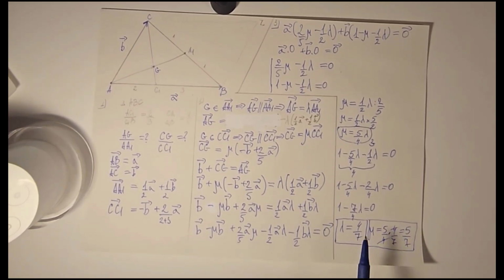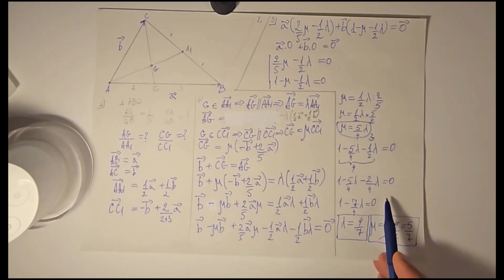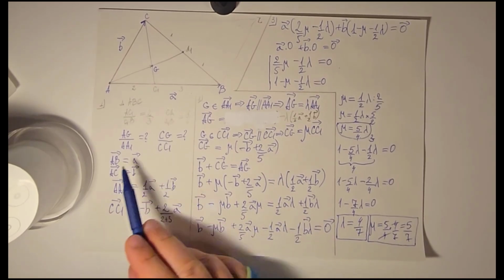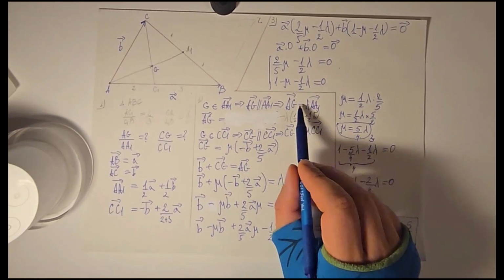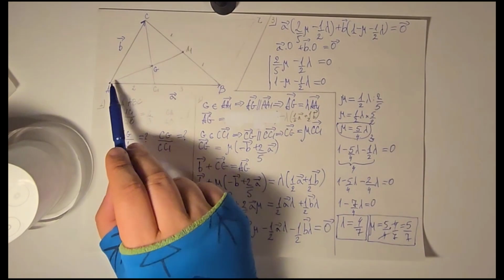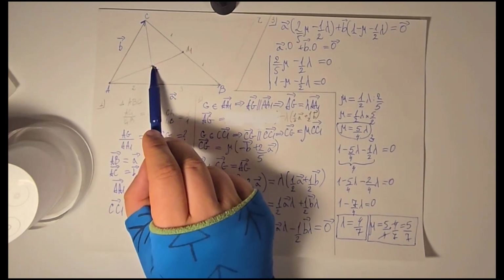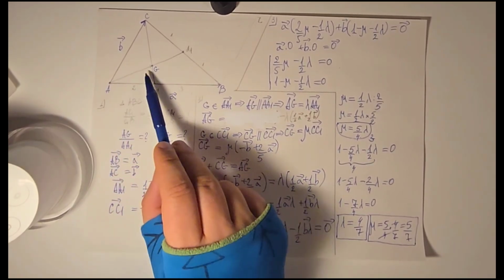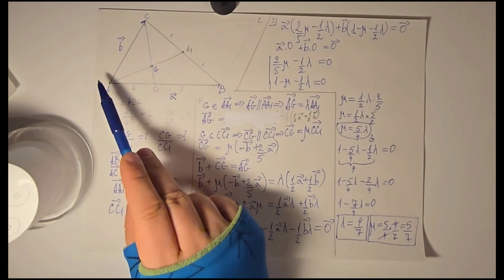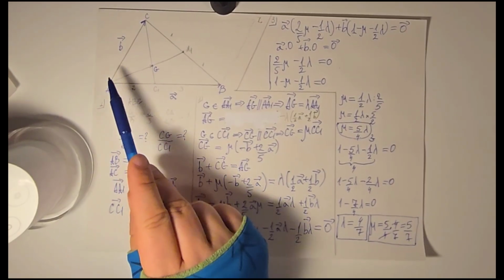Let's take a look and see what exactly is lambda and what exactly is me. Okay, so here AG equals lambda times AA1. AG equals something times AA1, some kind of a scalar.